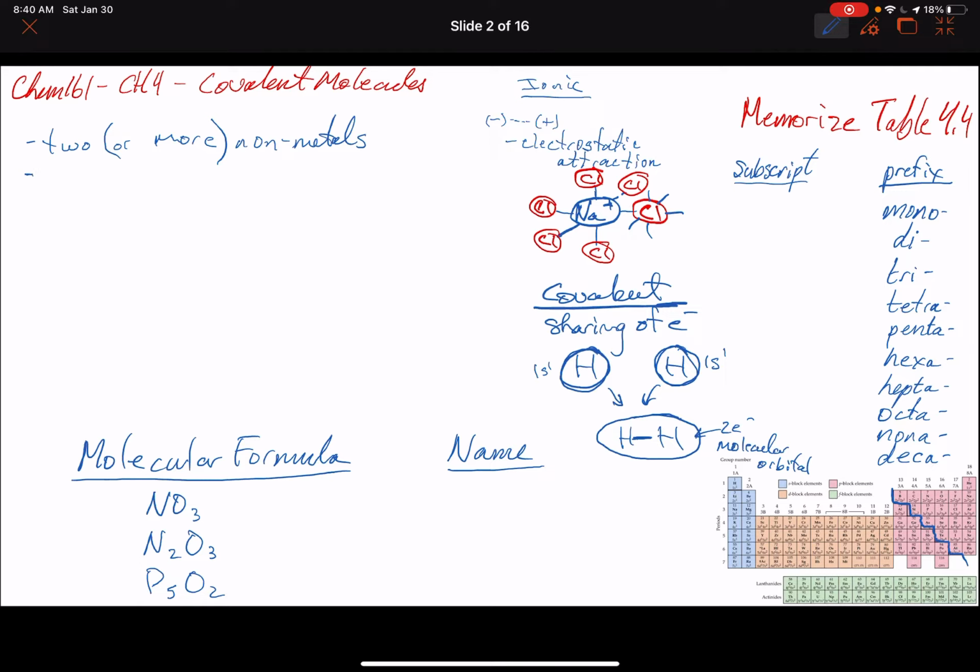Since we have compounds here with two nonmetals and we're sharing electrons, we won't be dealing with ions. So in covalent compounds, there are no ions, which means that there are no charges to balance. In sodium chloride, we had to provide the correct number of sodium ions for the correct number of chloride ions in the formula to reflect an overall neutralization of positive charges with negative charges.